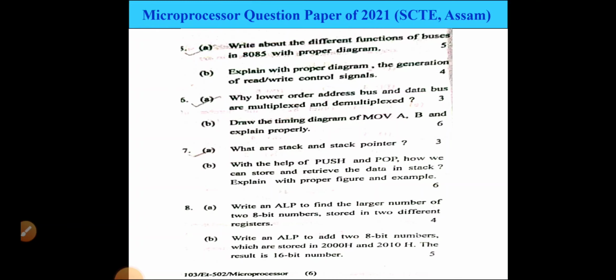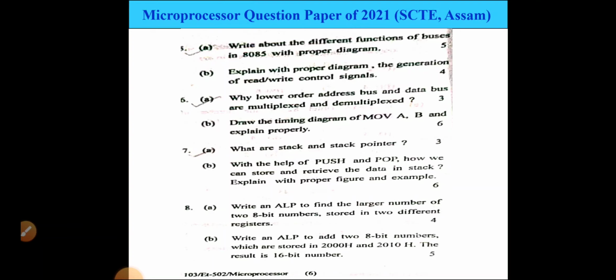Question number 6A and 6B: draw the timing diagram of MOV A, B and explain properly, 6 marks. Question number 7A: what are the stack and stack pointer? 7B: with the help of PUSH and POP, how can we store and retrieve data in a stack? Explain with proper figure and example.